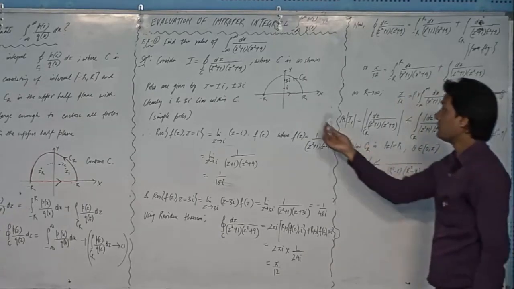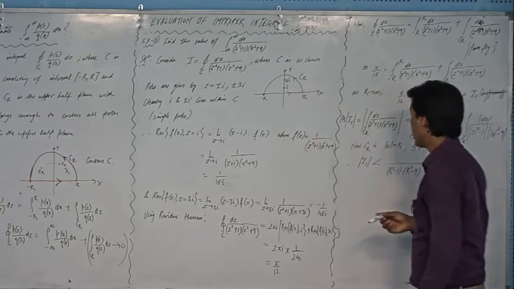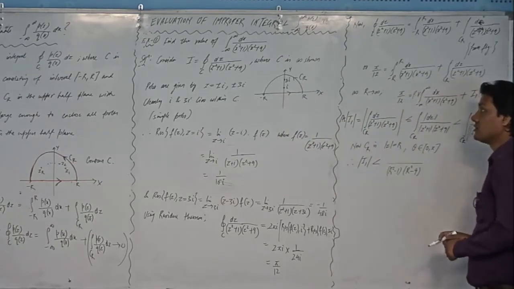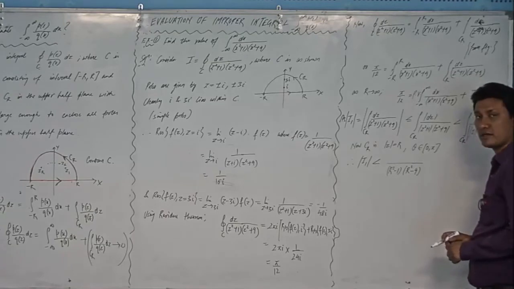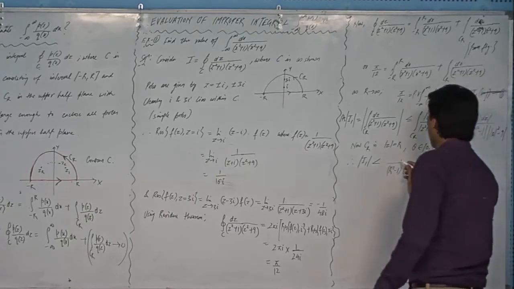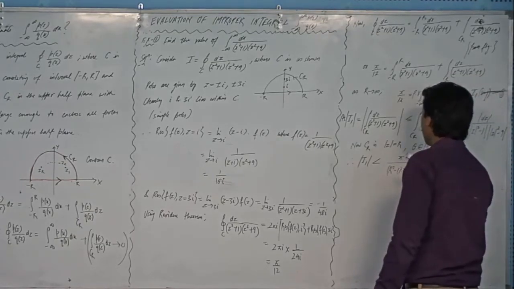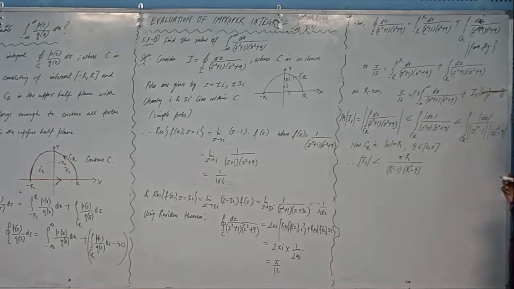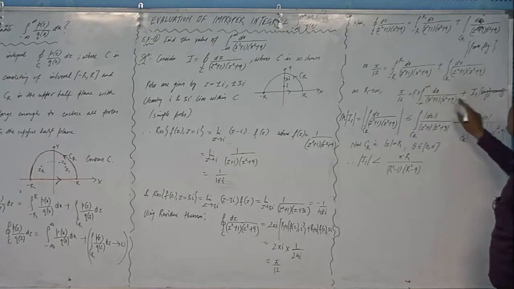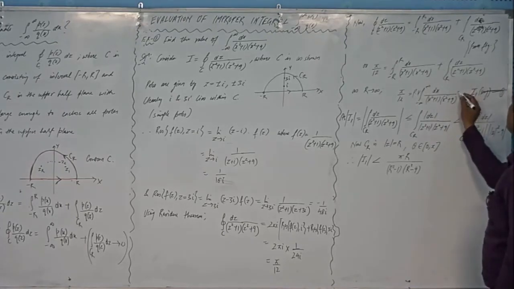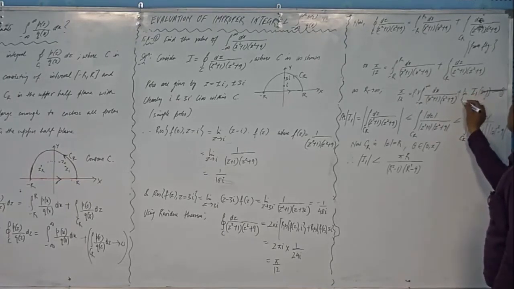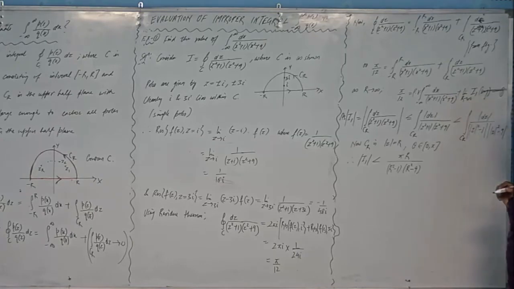That will be the length of this semicircle, and that is equal to the perimeter of the semicircle, pi times the radius of the circle, pi R. And I should write here limit R tends to infinity.